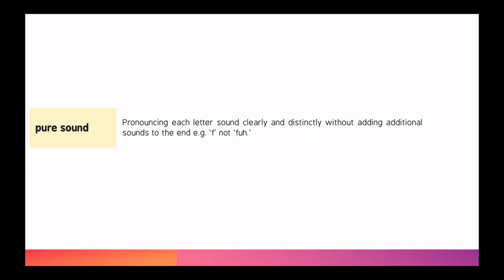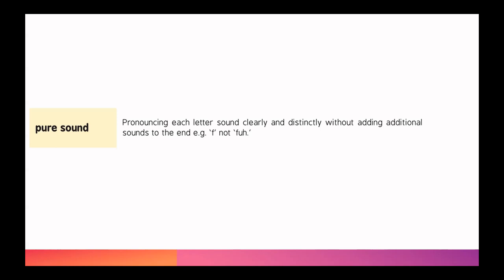So the "uh" at the end, when you add that, that is an additional sound that you are adding to that letter. So it's not the sound in its purest form. When you make the sound and you go "puh, puh, puh," again, you are adding an additional sound at the end. So it's important when you teach phonics that you use the pure sounds.